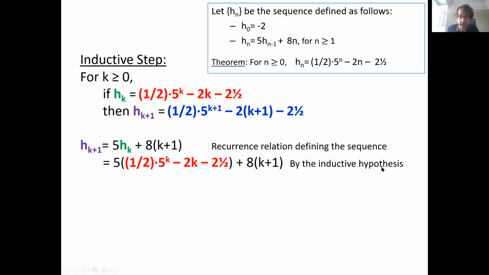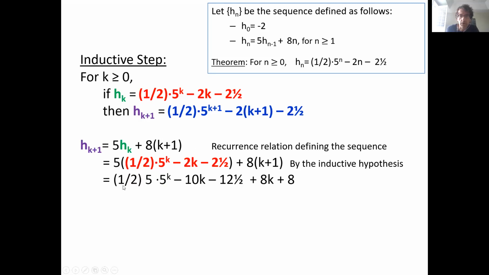This is by the inductive hypothesis, by this assumption. So we are rewriting h_k as this thing, and not forgetting the rest of the arithmetic formula, so the fact that this is all multiplied by 5, and that 8 times k plus 1 is added.